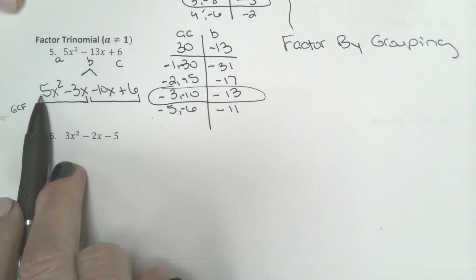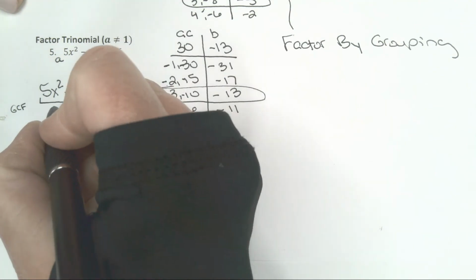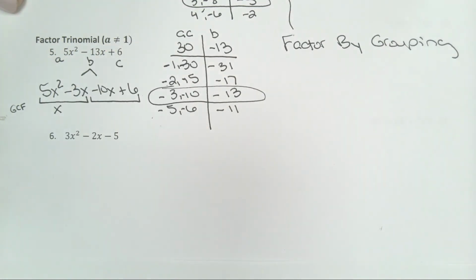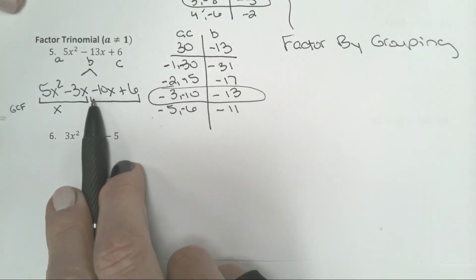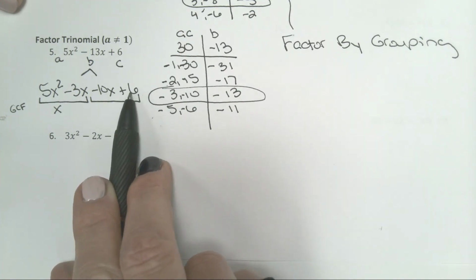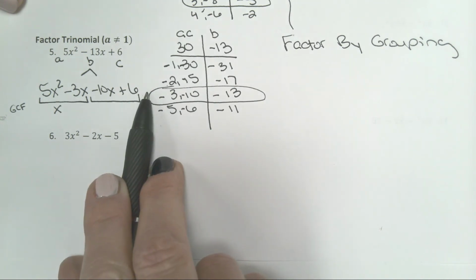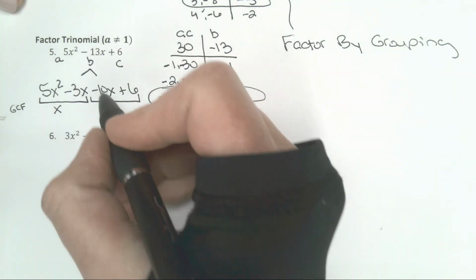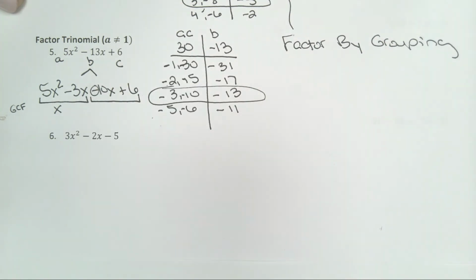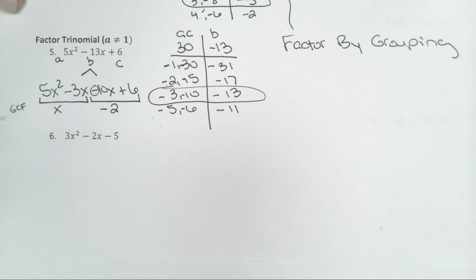What is the GCF of 5x squared and -3x? That would be an x. What is the GCF of -10x and 6? Okay, so 10 and 6 are both even numbers, and whatever the sign of this third term is, you always have to factor that out.